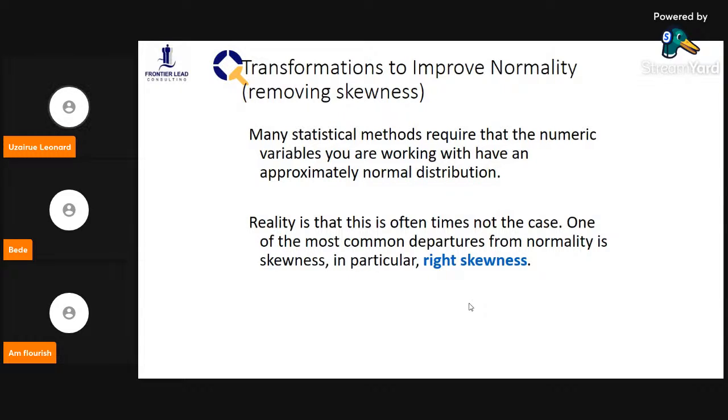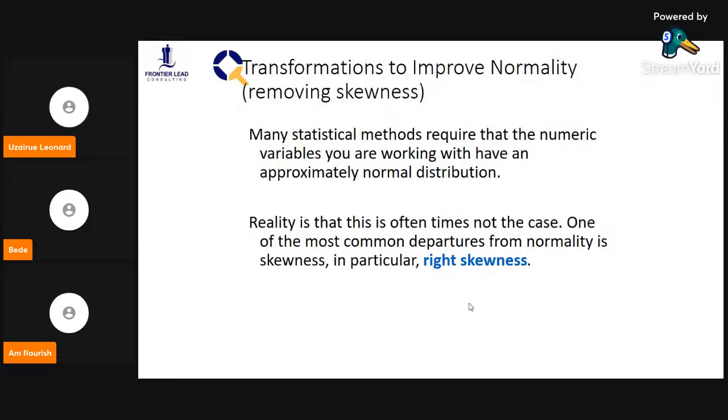But the truth is that in practice, that does not work. Once your data is not normally distributed, the next thing is that you remove parametric tests out of your mind. Then you focus on what? Non-parametric tests.